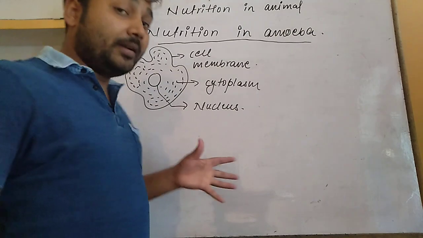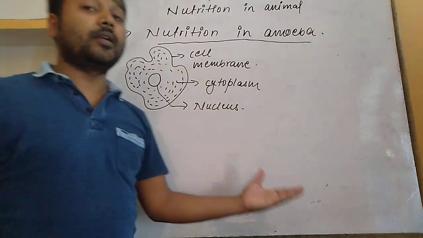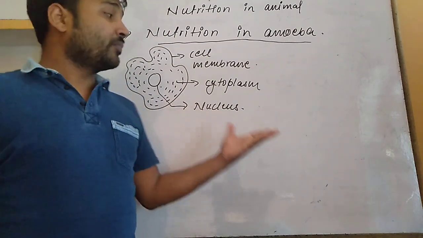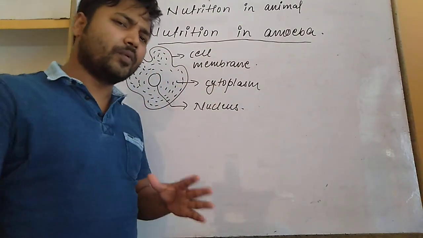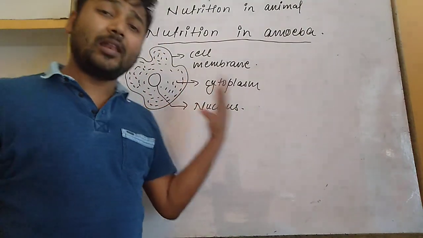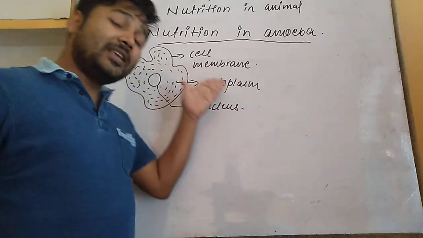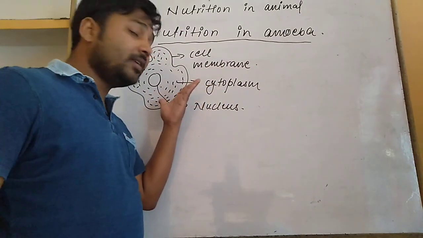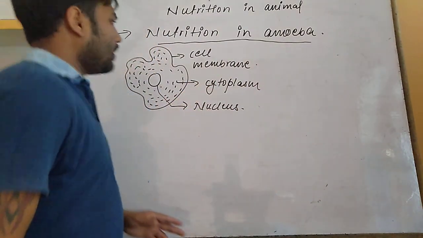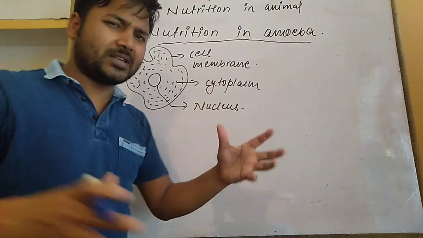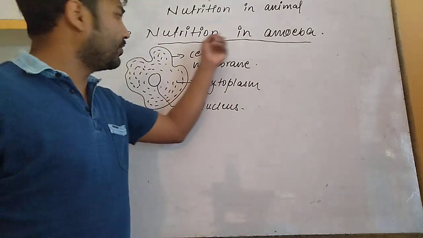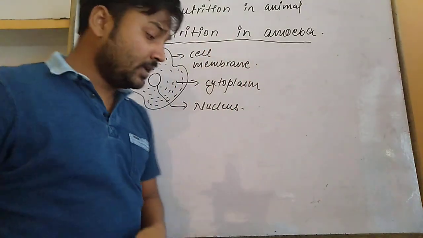These three things are important to complete a cell, and whatever metabolism takes place in the cell is performed by all these three typical parts in an amoeba or any unicellular organism. Here we study only the internal functions, that is nutrition, and how the nutrition process takes place in amoeba.